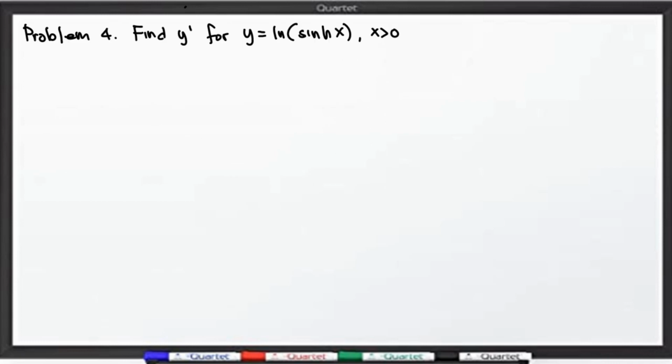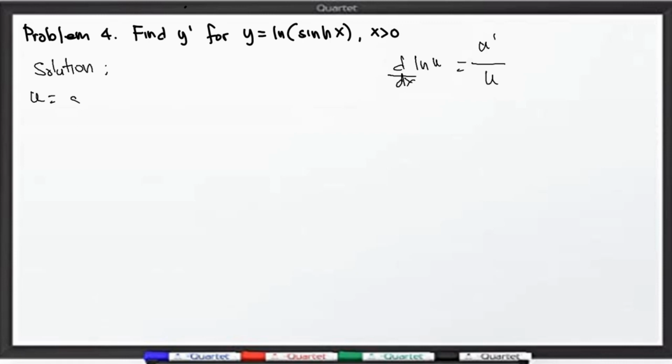Problem number 4 po tayo, no? Find y prime for y is equal to ln of sinh x, wherein x is greater than 0. So parang parehas lang po ng problem natin kanina. We say solution. So u prime over u po, ang derivative of ln of u with respect to x is equal to u prime over u. Let us identify what is u.